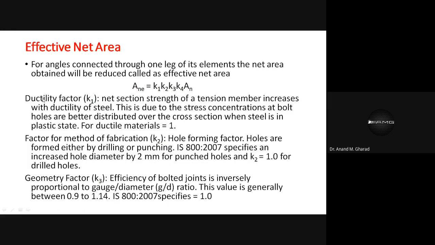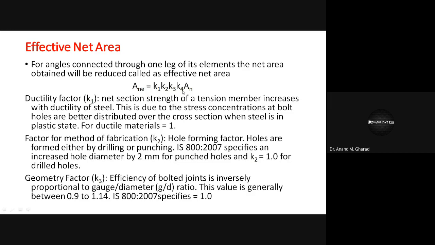Now there is one concept which is known as the effective net area. For angles that are connected through one leg of the element, the net area obtained will be reduced, which is called the effective net area. This effective net area comprises these coefficients, which are K1, K2, K3, and K4.